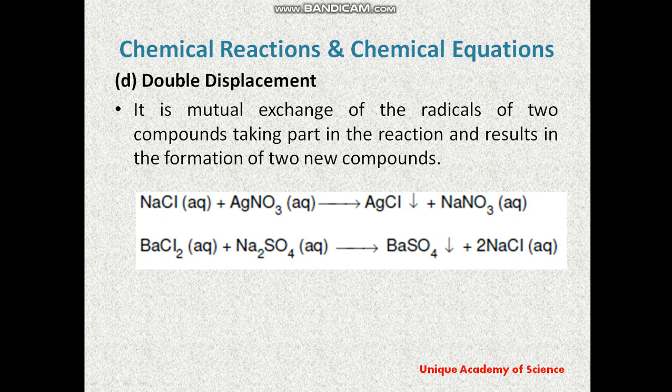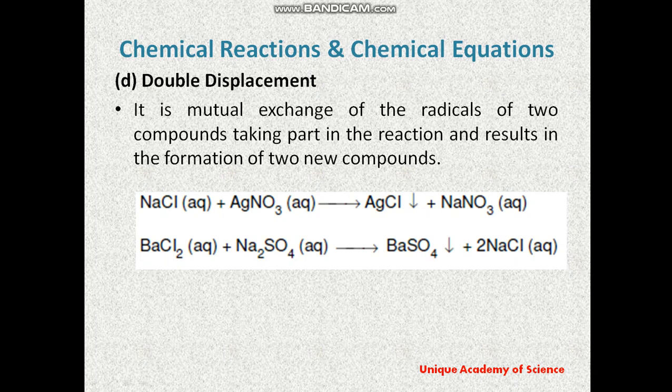So the sodium positive charge and the NO3 negative charge react and make sodium nitrate. So you can see that here two displacements occur: Ag reacts with chlorine, whereas the Na reacts with NO3 to give NaNO3.